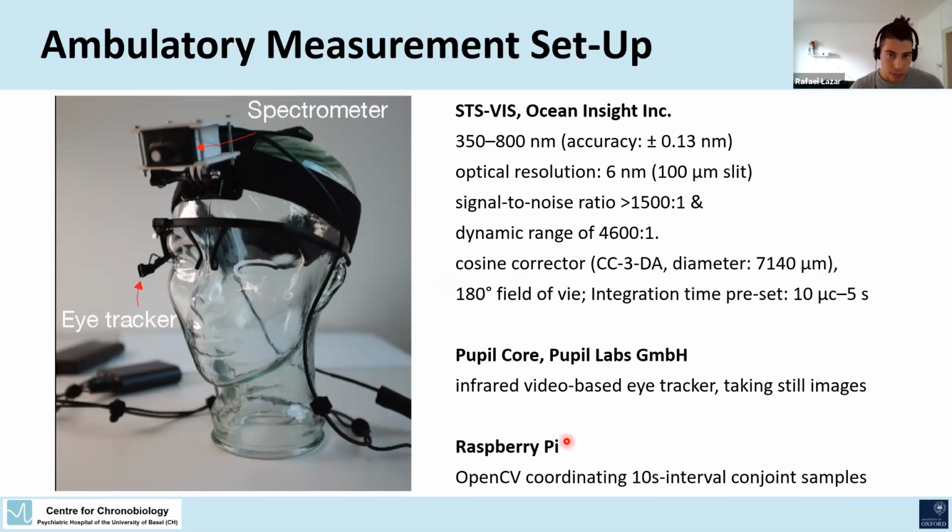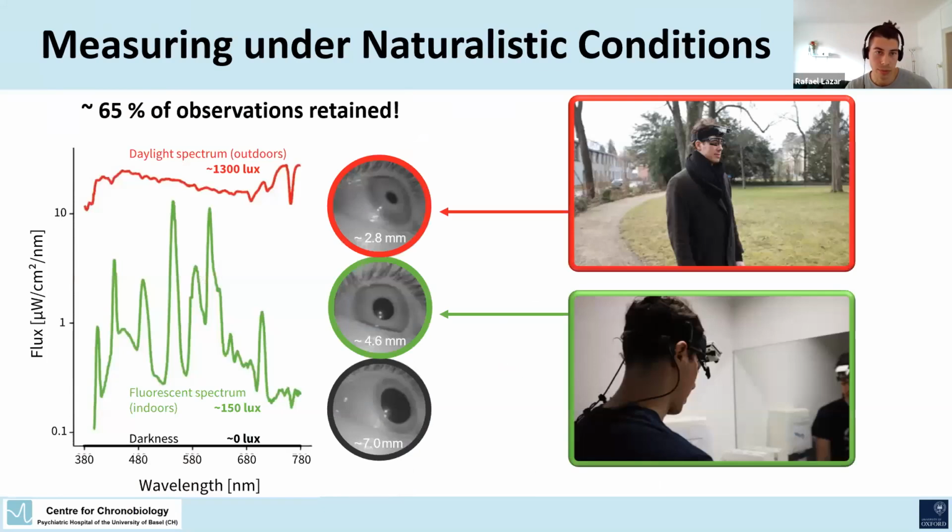And curiously, we were able to move around with these measurement devices as much as we wanted to. So we were able to measure pupil size along with melanopic irradiance, or in fact, any other cone or whatever weighted light. We get this irradiance measurement along with pupil size.